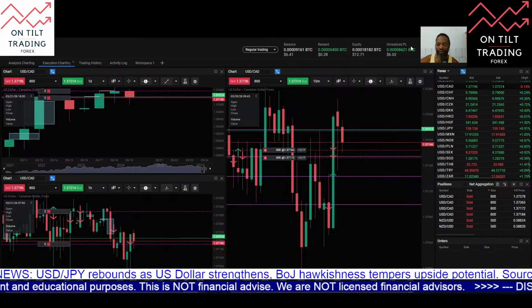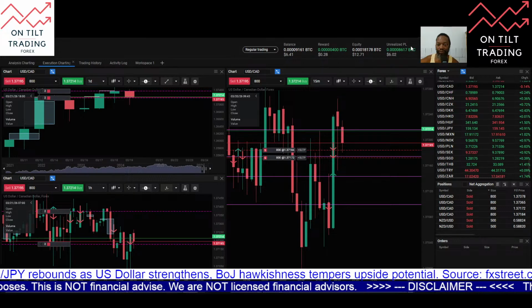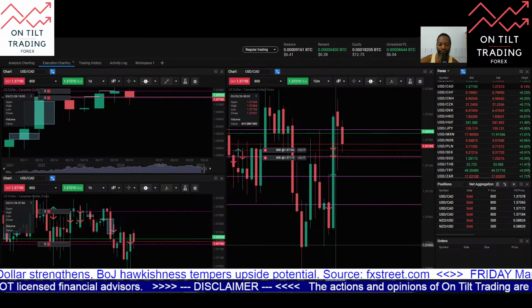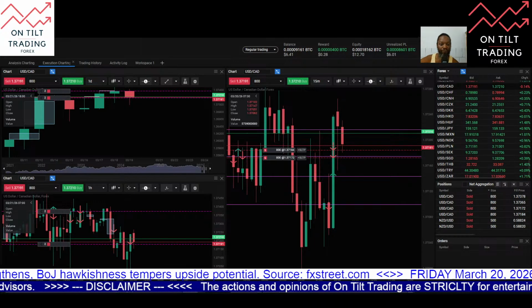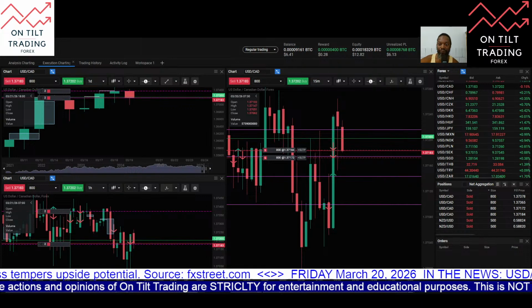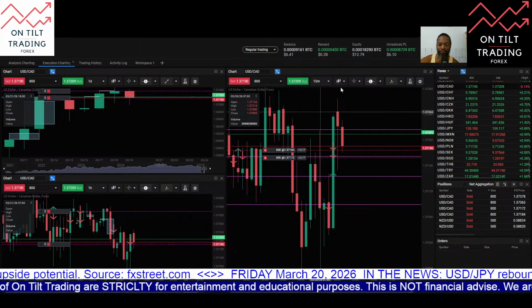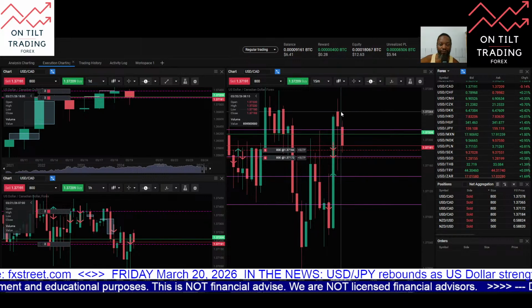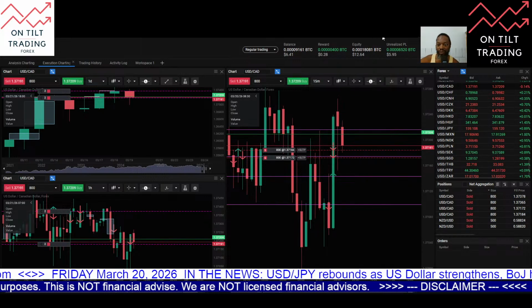Price now trading at and just below the 137,200 level. 137,180.